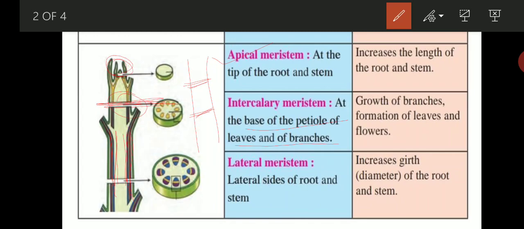We observe that when the plant is in the growing stage, when it becomes a tree, the girth of that stem and root becomes more, or it increases in diameter. So this lateral meristem helps in increasing the girth of that root and stem. So these are the three types of meristematic tissue.